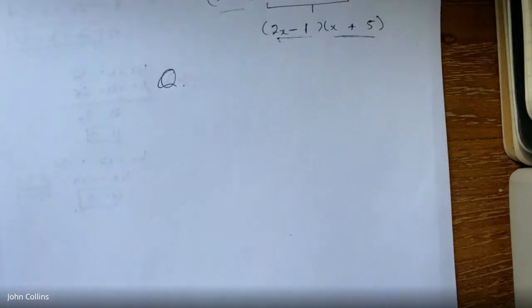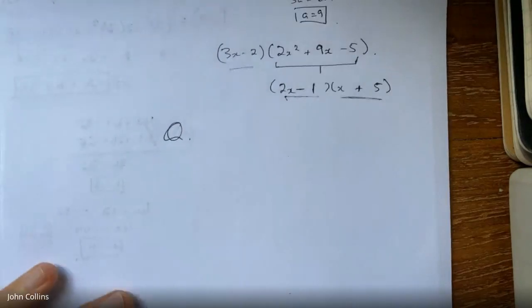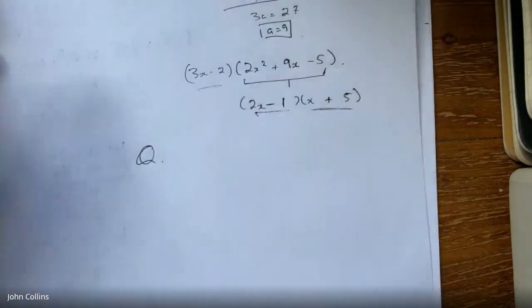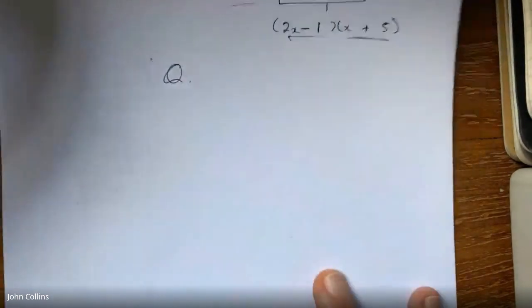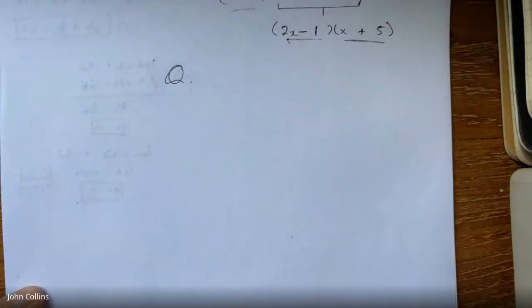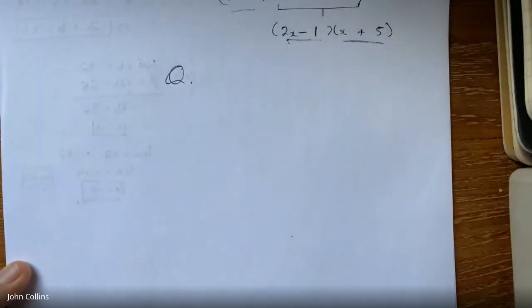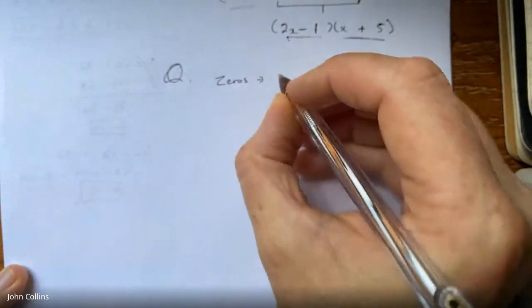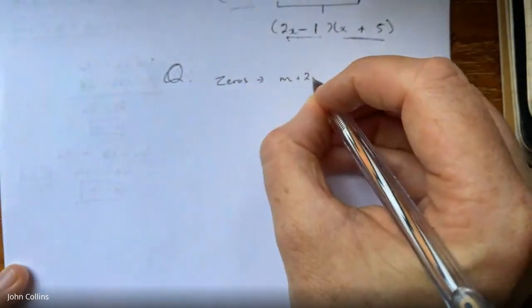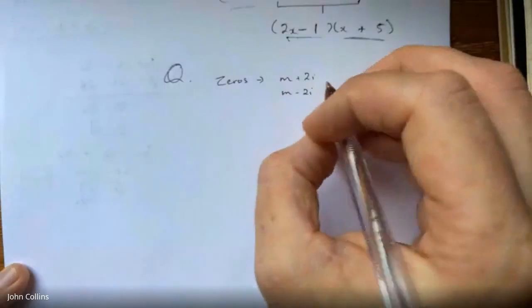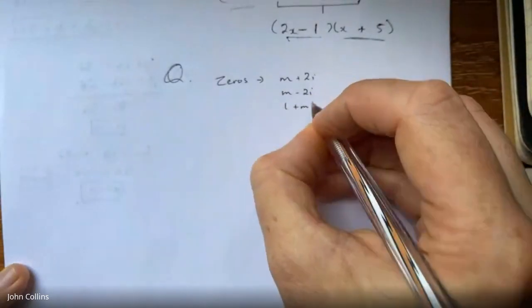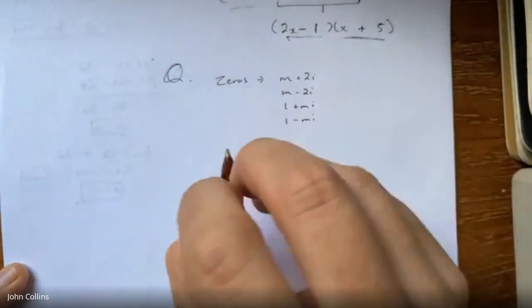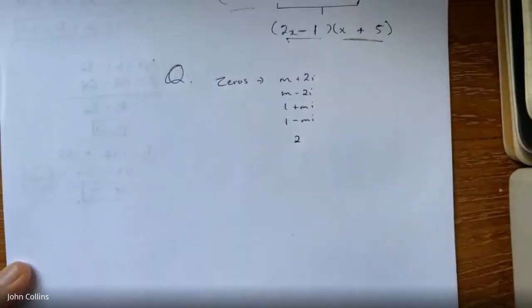All right, we're dealing with this polynomial that has degree 5 with leading coefficient 1. Okay, loads of information here. The zeros of this polynomial are m plus 2i, m minus 2i, 1 plus mi, 1 minus mi, and 2.